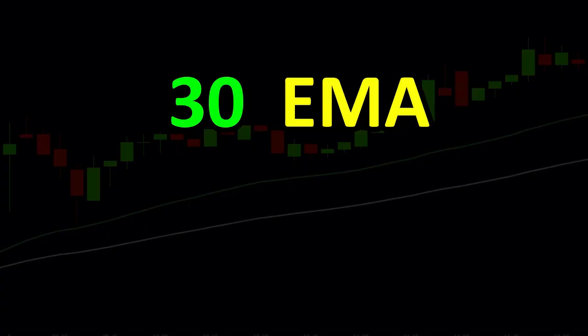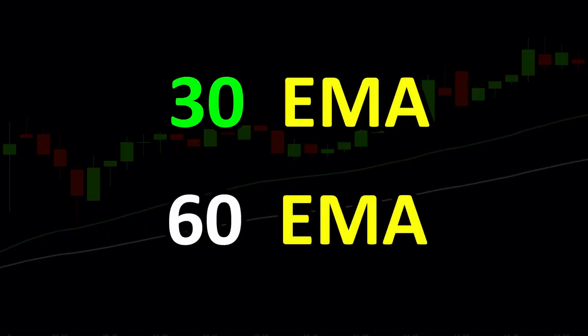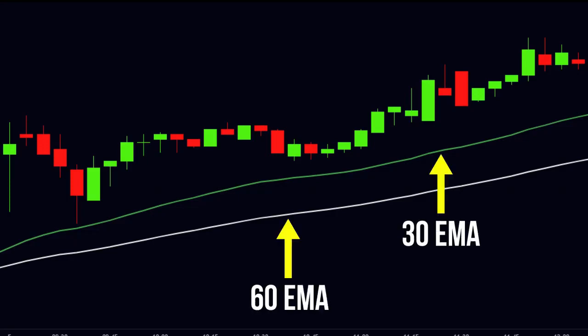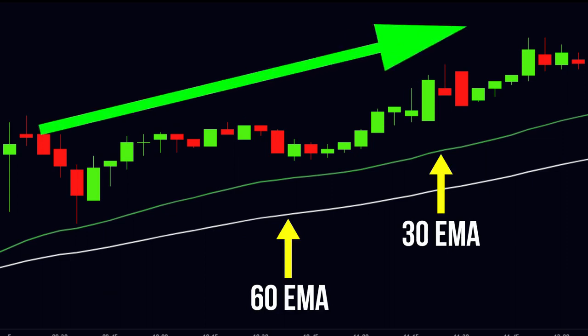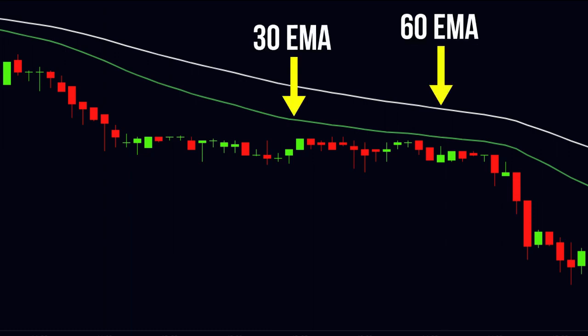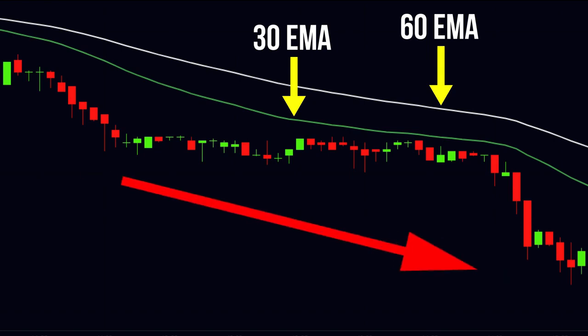Here we are going to use two moving averages. We will use the 30 EMA and 60 EMA. As you can see in the chart, during the uptrend, the 30 EMA is above the 60 EMA, and both the EMAs are plotted in the upward direction. Similarly, during the downtrend, the 30 EMA is below the 60 EMA, and both the EMAs are plotted in the downward direction.